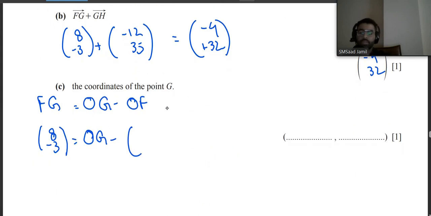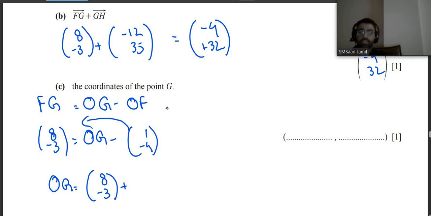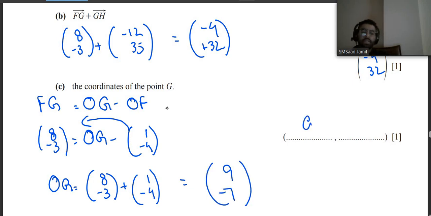So just write 1 and minus 4. OG is equal to 8, minus 3, plus, you shift it there, plus 1 and negative 4. Alright, so basically this will turn out to be 8 plus 1 is 9, negative 3, negative 4 is negative 7. So 9, negative 7, that's it.